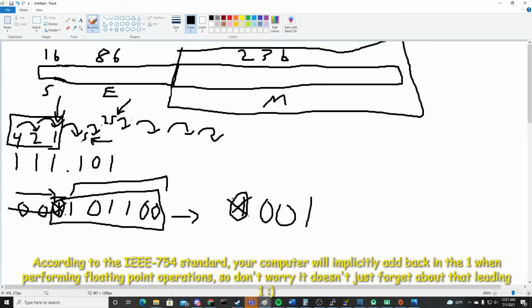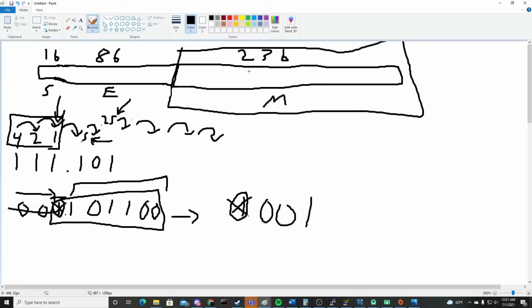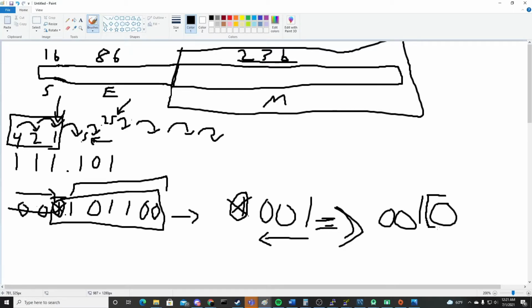But we can implicitly consider it being there, so we can take it out of one of the 23 bits of our mantissa, and we can shift everything to the left. So this would end up looking, if I could draw an arrow here, something like 0, 0, 1, 0, with this extra 0 tacked onto the end.